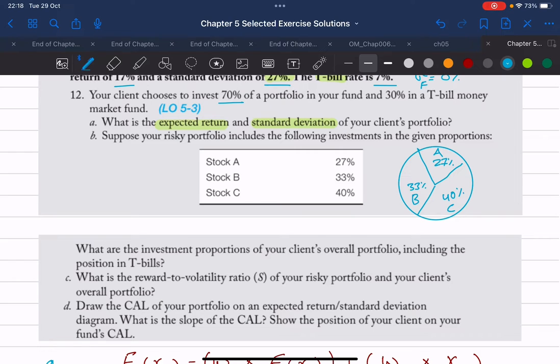So now just to visualize for you, the investor's portfolio is going to be made up of two components. 30% is going to be in T-bills, and then the remaining 70% is going to be in the risky portfolio.